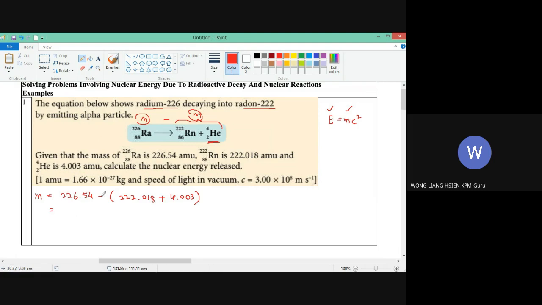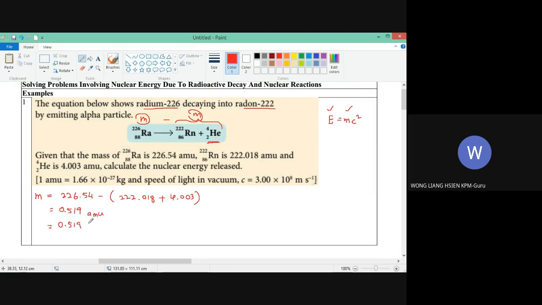So the mass effect is 0.519 atomic mass unit. But if you want to put the mass effect into E equals mc squared, this atomic mass unit must be converted into kilogram. One atomic mass unit is equal to 1.66 times 10 power negative 27.